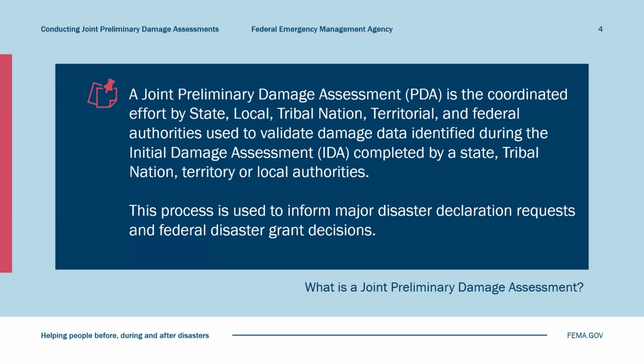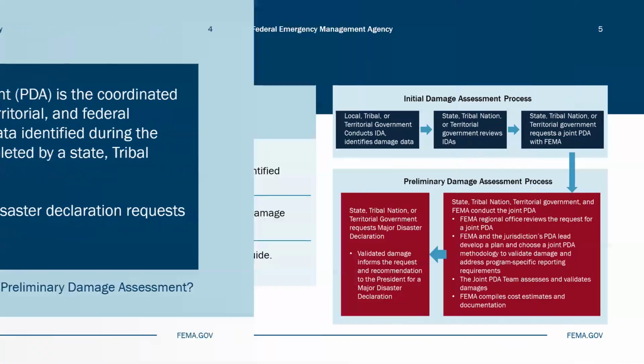The larger process helps determine the impact, magnitude of damage, and unmet needs of individuals, businesses, the public sector, and communities. To learn more, refer to the FEMA PDA guide and the PDA overview video.